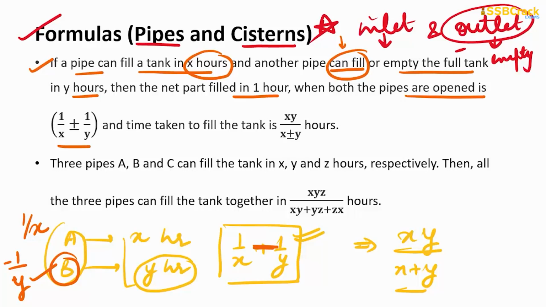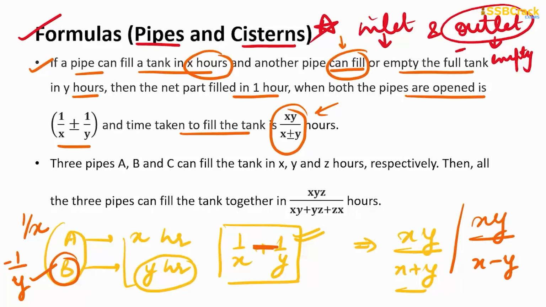So the total time taken by pipes A and B together to fill the tank will be equal to xy upon x minus y, right? So that's why we have taken both plus and minus here. This plus sign denotes that both are inlet pipes, and this negative sign shows that pipe B, which can empty the tank in y hours, is an outlet pipe.